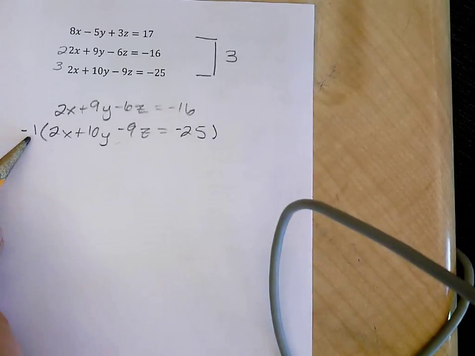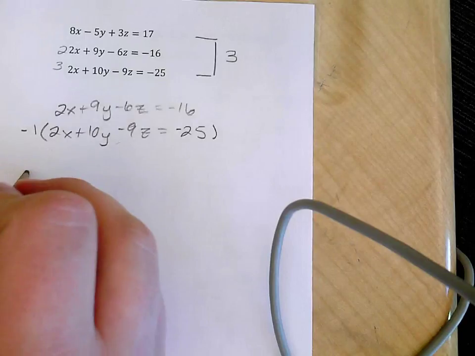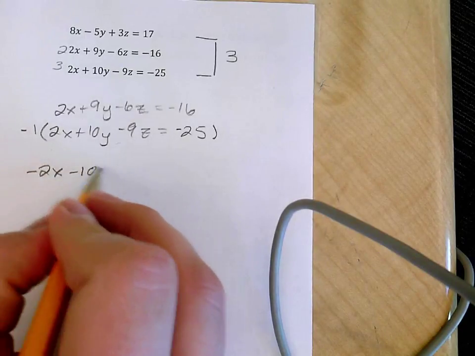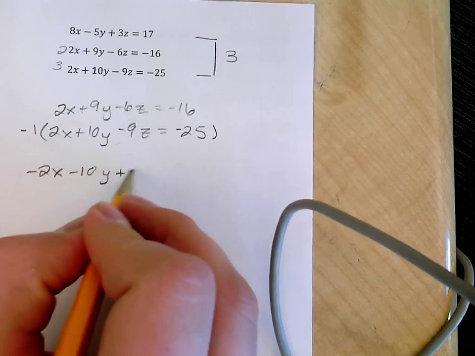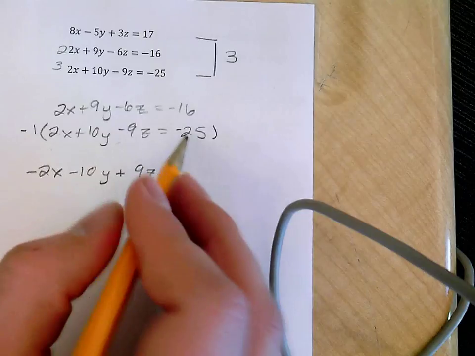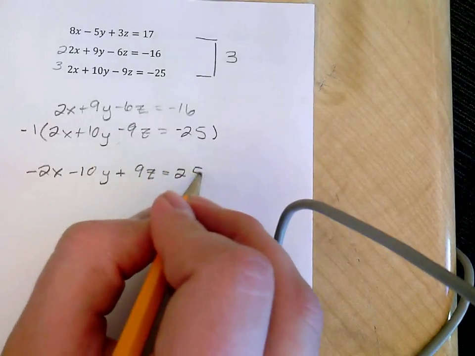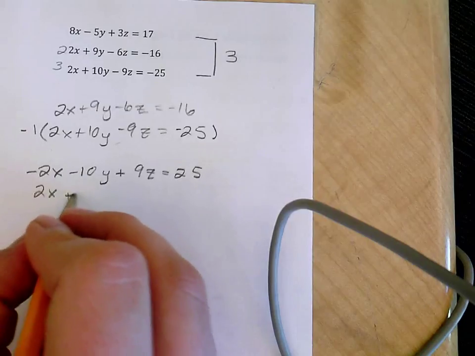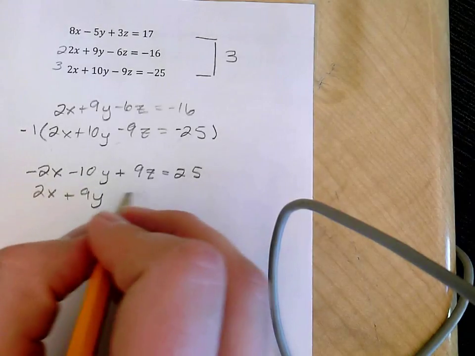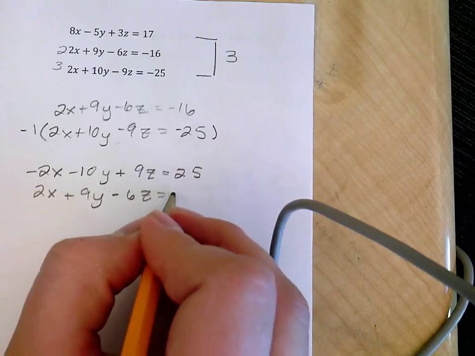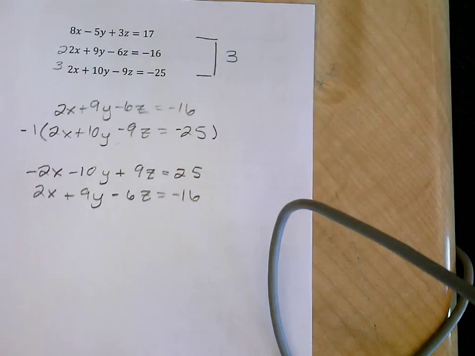When I multiply this out, that's -1 times +2 gives me -2x minus 10y plus 9z, because remember, negative times negative is a positive, and then positive 25. So I'm going to bring this other one down. 2x plus 9y minus 6z gives me -16.